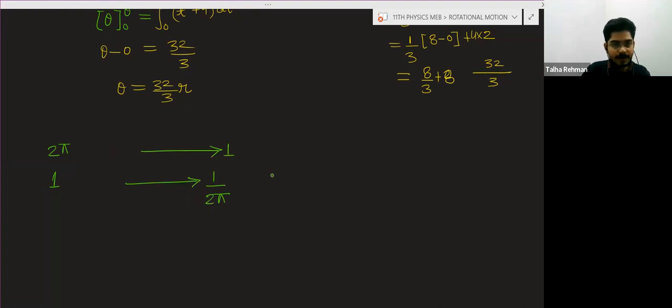So in 2 pi radian, 1 revolution. In 1 radian, 1 upon 2 pi revolution.